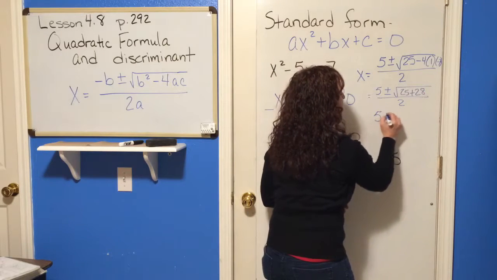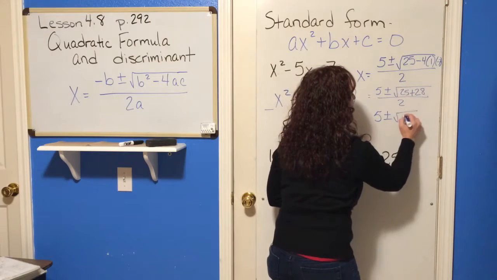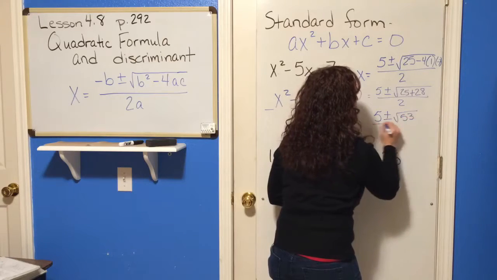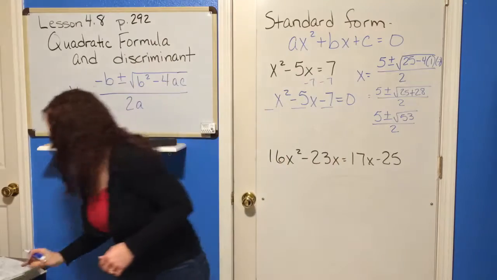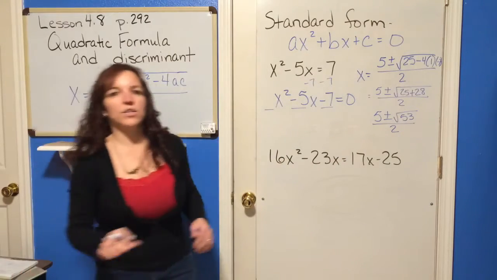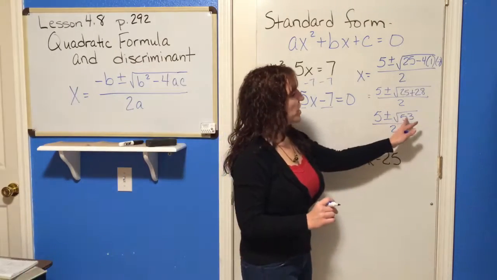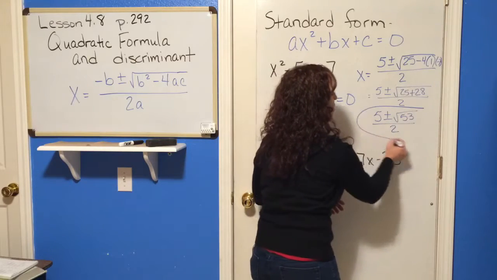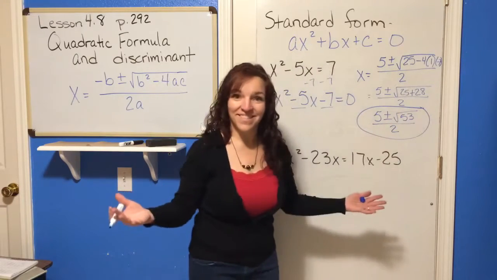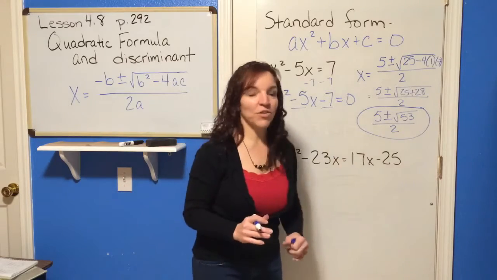So 5 plus or minus the square root of 53 all over 2. Yes, I just wanted to be sure. 53, there's no perfect squares in there. So this is your final answer, and you're done. All right? You don't have to go any further.